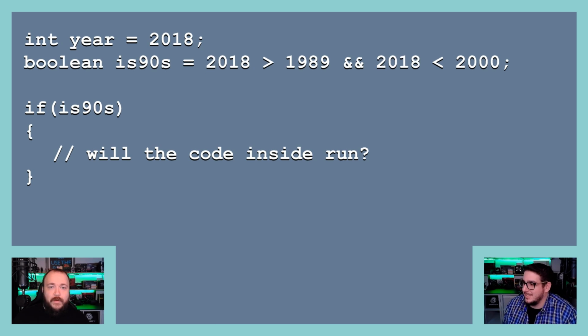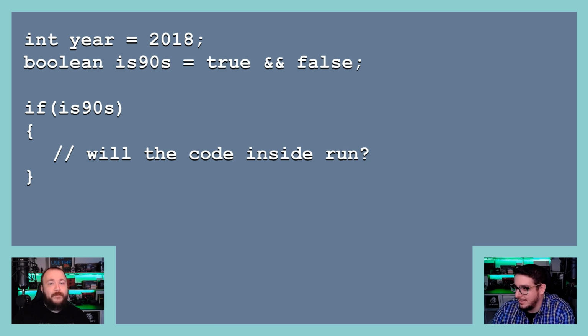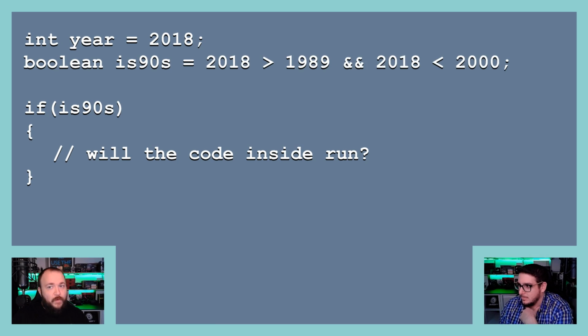So 2018 bigger than 1989, correct. And is 2000 bigger than 2018? That is not correct. So again, it's true and false, which means that the variable is storing the value false. It is not storing true.